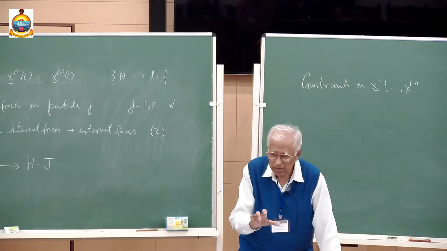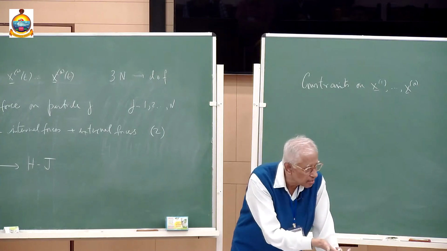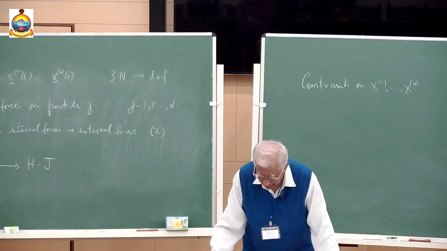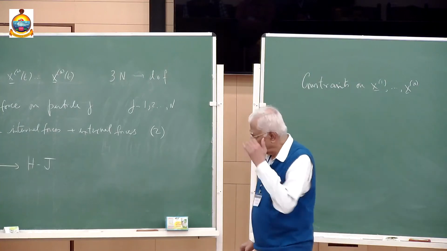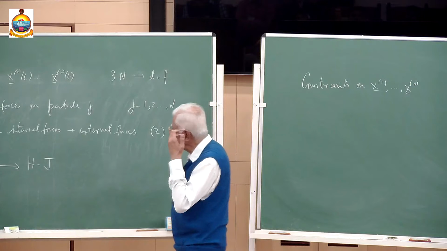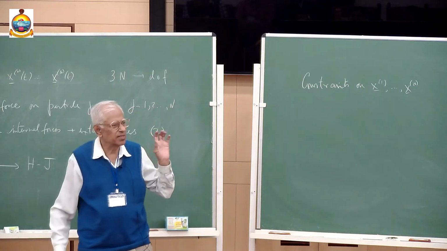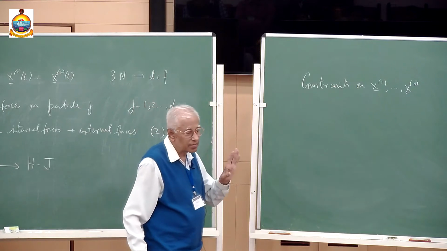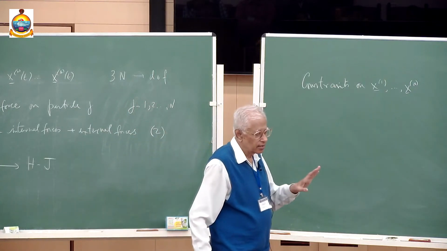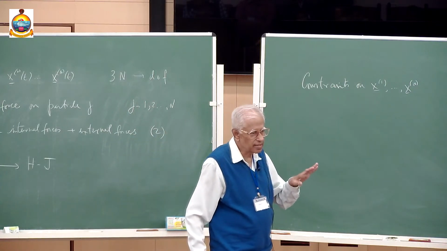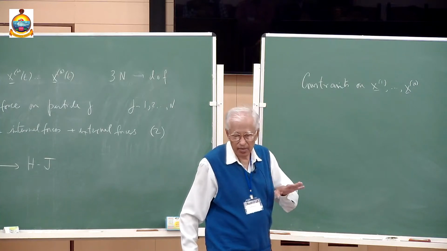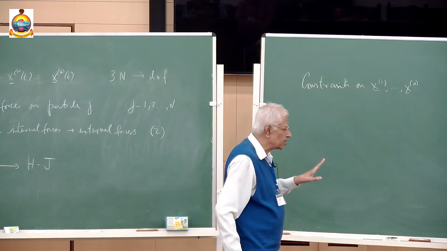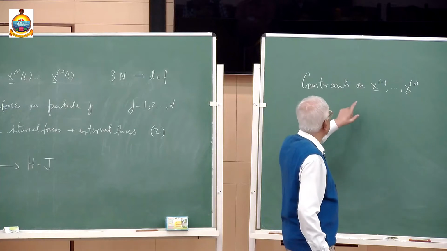You may have a particle limited to a certain region of space and so on. So once you introduce the idea of constraints, they may be of this kind, that kind, and so on. We will look at the simplest possible type, what are called holonomic constraints and time independent. That's the only one we will look at.